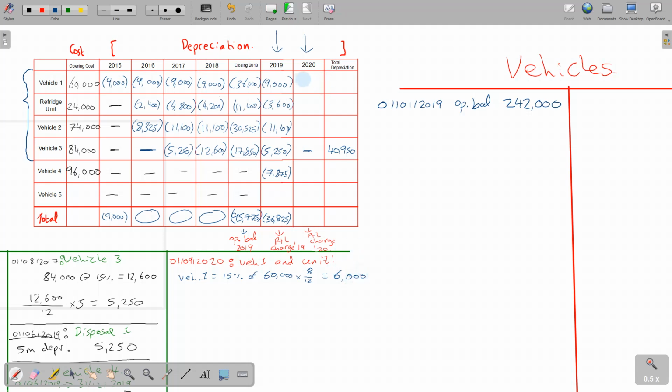So we have €6,000 worth of depreciation for 2020. Now if we look at the unit, again 15% of 24,000 for 8 of the 12 months is 2,400. So it's 2/3. So that's being disposed of.